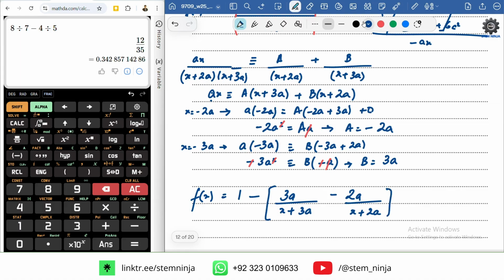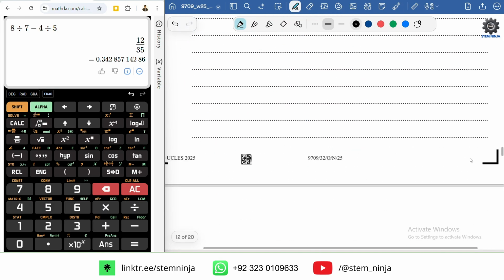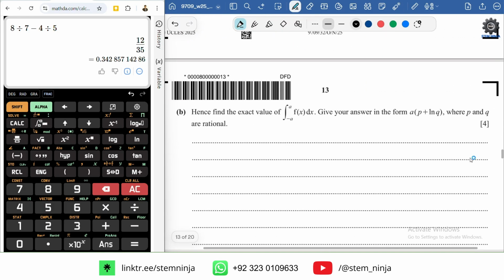Now you multiply the minus inside, this will remain as it is, but this one will become positive. Alright, okay. Hence find the exact value of the integral from minus a to a of f of x. Okay.